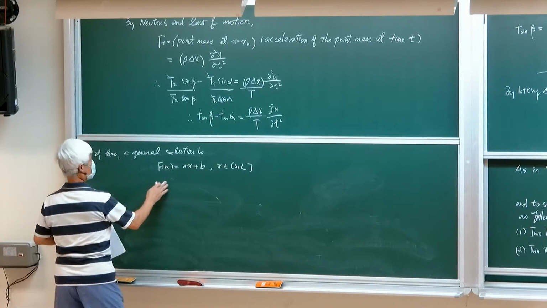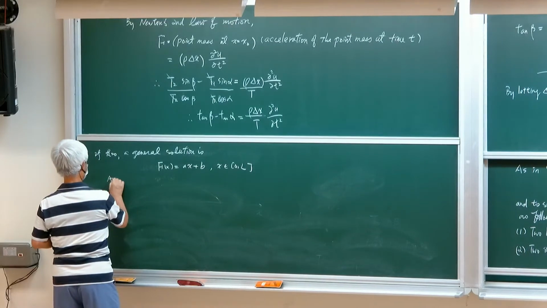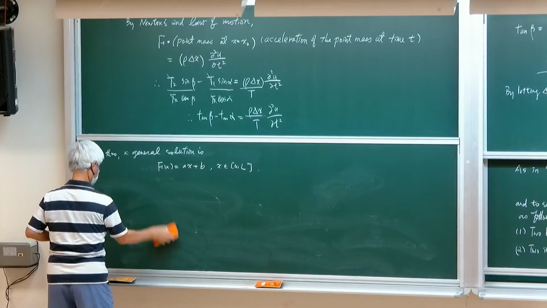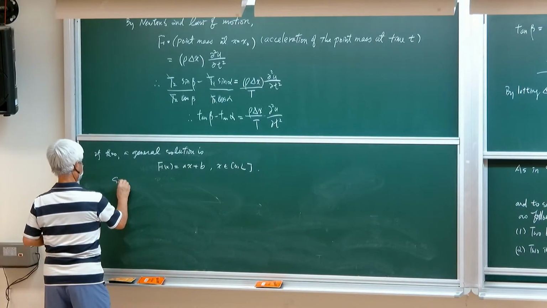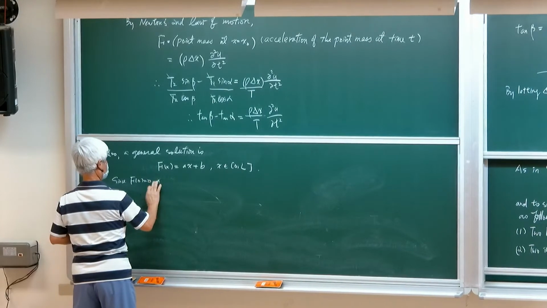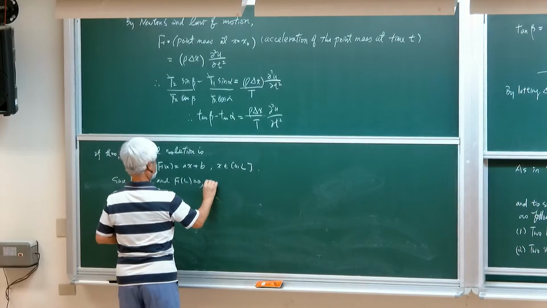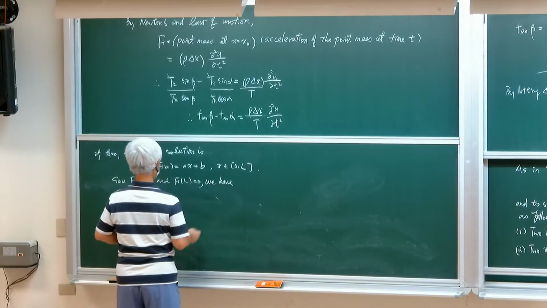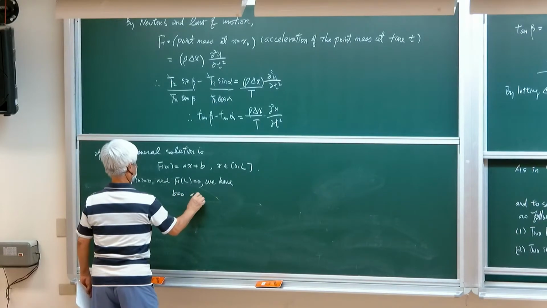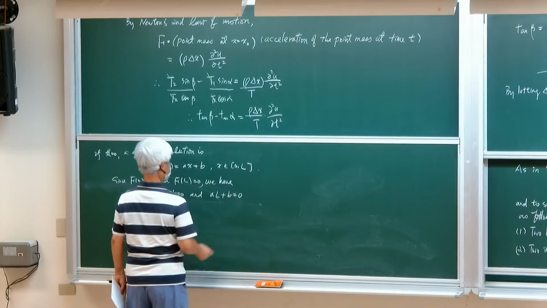Since f(0) equals 0 and f(L) equals 0, we have b is 0, and aL plus b is 0.